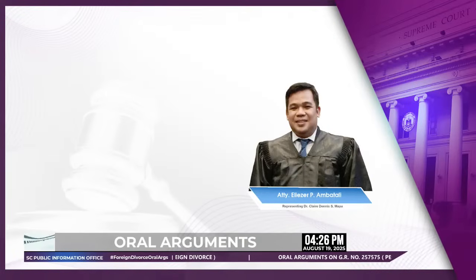On the recognition of foreign decree of divorce, the rules on marriage licenses apply differently when one of the parties is a foreigner. Philippine nationals are bound by the policy against absolute divorce. As the court ruled in Van Dorn, absolute divorce is considered contrary to public policy and morality for Filipino citizens.